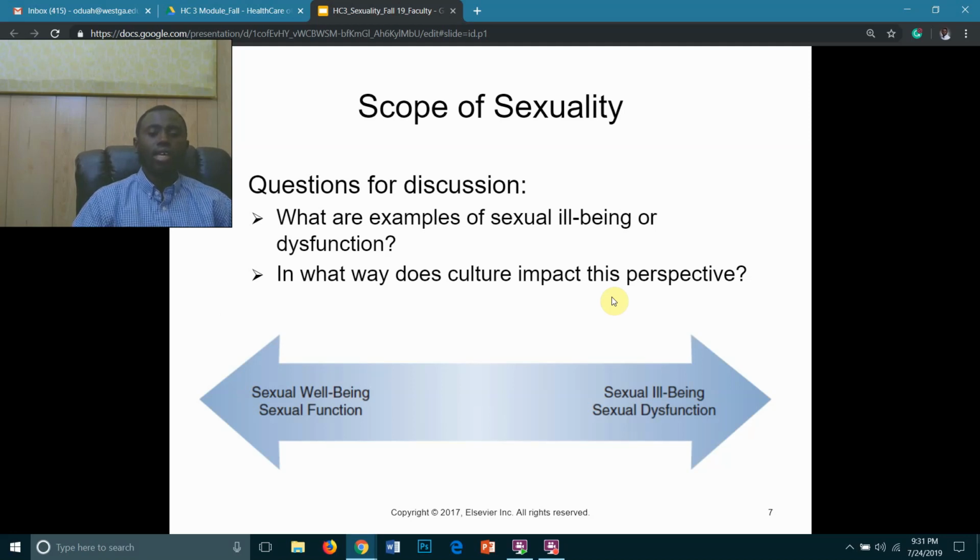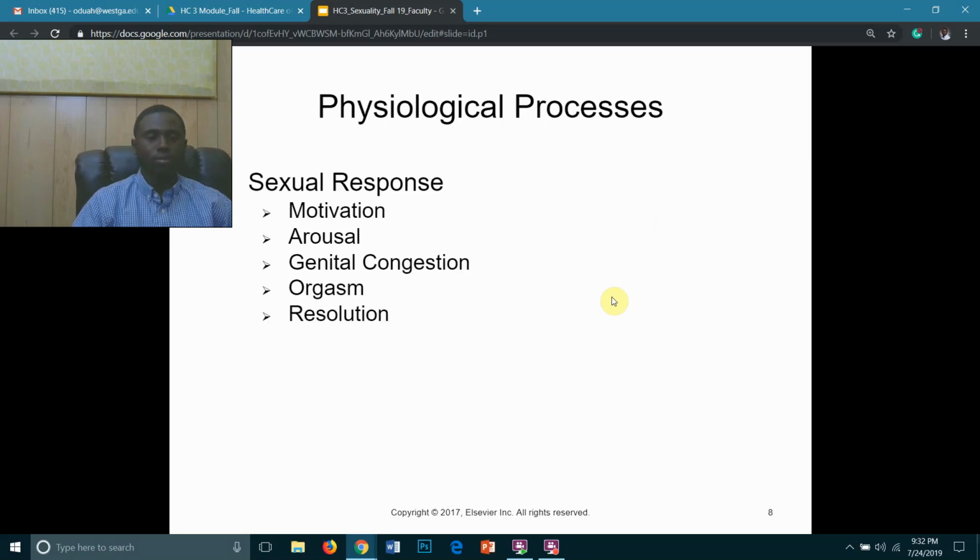And in what ways does culture impact this perspective of sexuality? We know that sexuality is a continuum which begins from sexual well-being or optimal sexual functioning to sexual ill-being to sexual dysfunctioning.